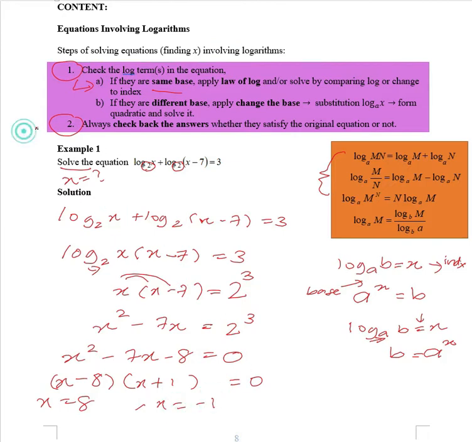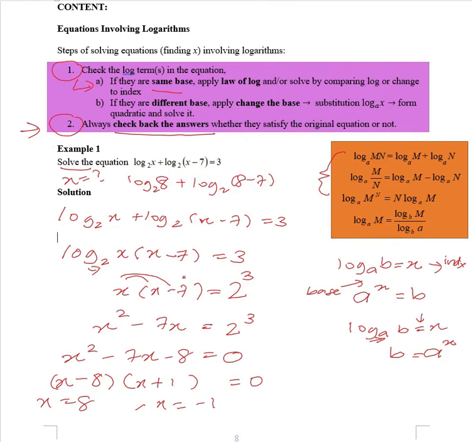But remember the second step, always check back the answers whether they satisfy the original equation or not. So how to check this? You have to make sure that the equation satisfies. How to check? For example, like this. If you substitute in 8 into the original question, you can press your calculator and get the correct answer.